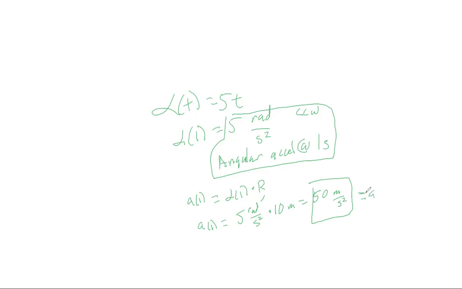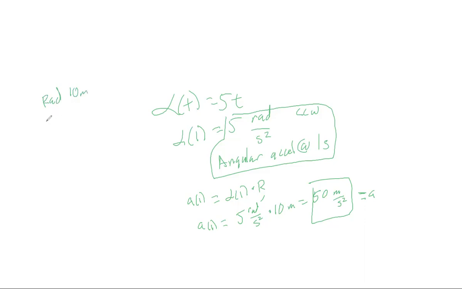My alpha is saying, hey, I'm opening up 5 radians every second squared, so per second per second. So after a second, I'm opening up at 5 radians per second squared. But 5 radians is a decent distance. That's most of the circle. Our circle had a radius of 10.